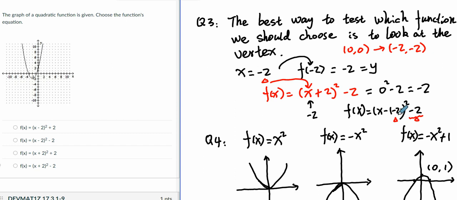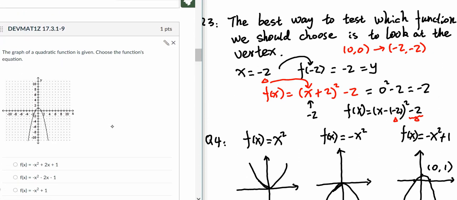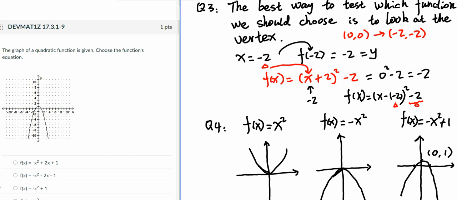So it goes to the negative direction horizontally. And here, -2 goes 2 units down, below the x-axis. That's what we want to know. Okay. This question is our question 3.